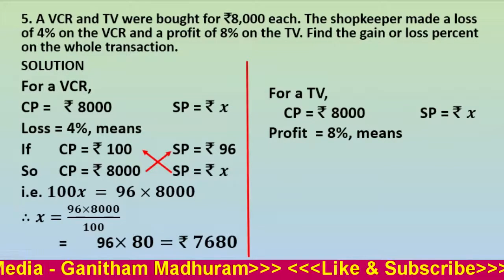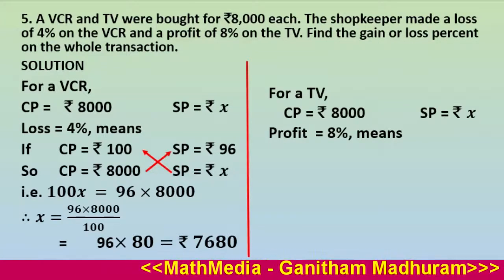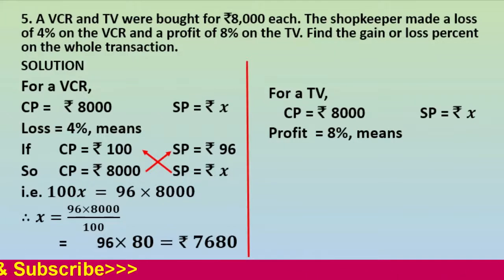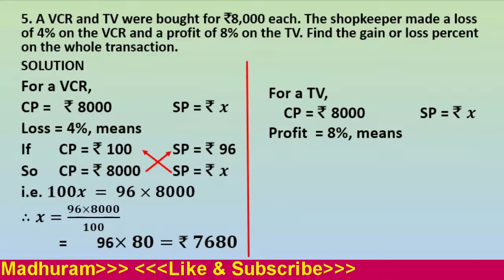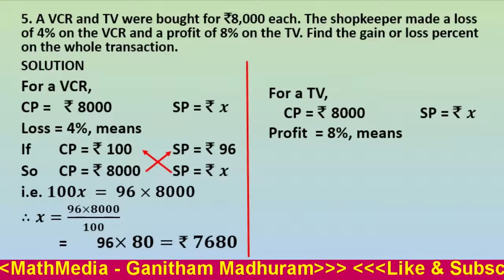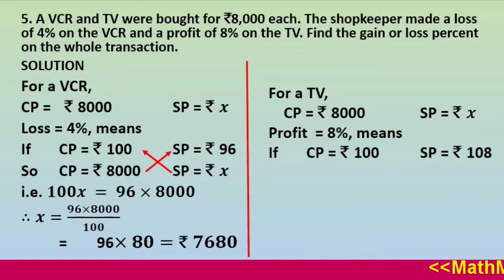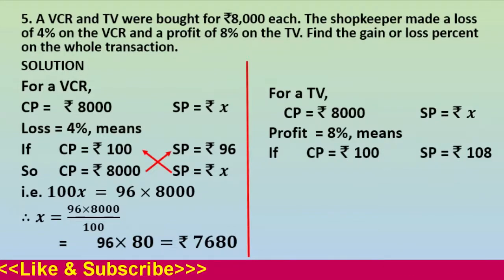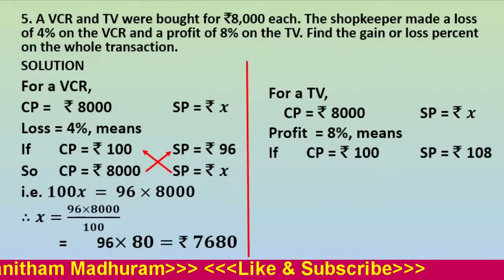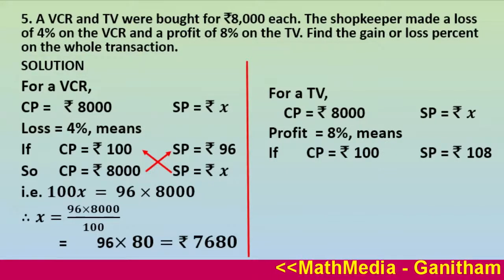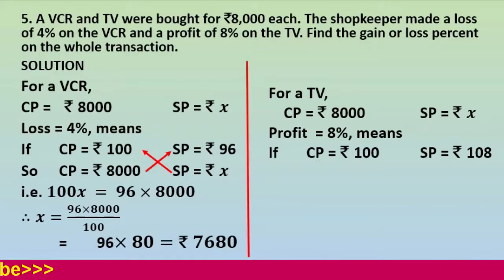So profit equal to 8% means, are you able to say now? Here what is 100? CP, because profit and loss is based on CP. So if CP equal to rupees 100, how to get SP? Profit is given, to get SP you add with 100. Yes, so we get SP equal to rupees 108.